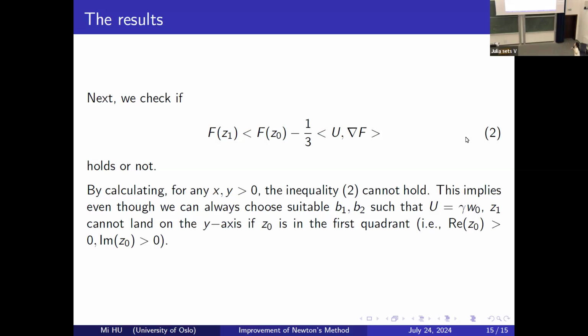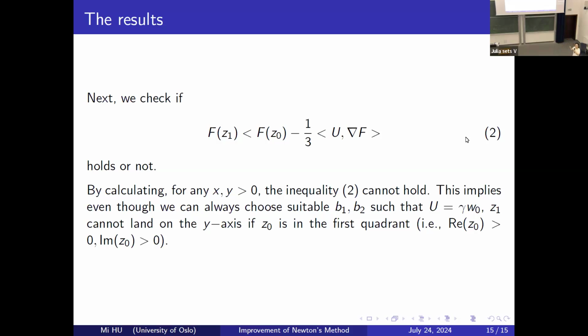So this means you cannot land it on the y-axis. You are always still on the left half plane. The idea here is that it is very difficult to calculate wk, so you just choose it on the y-axis.